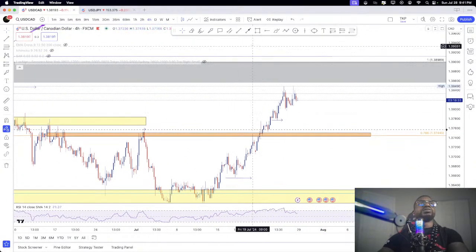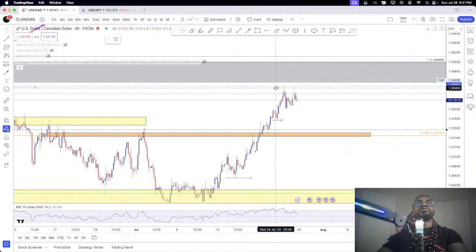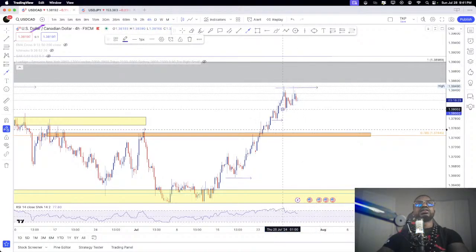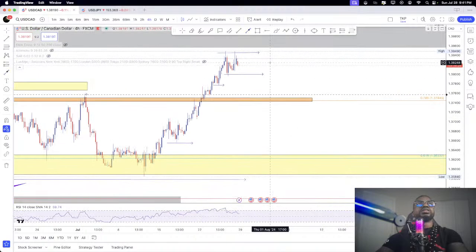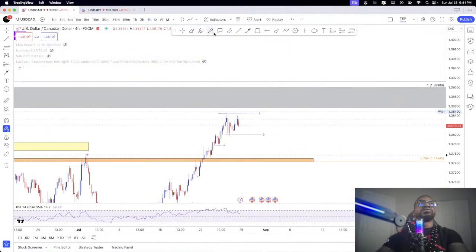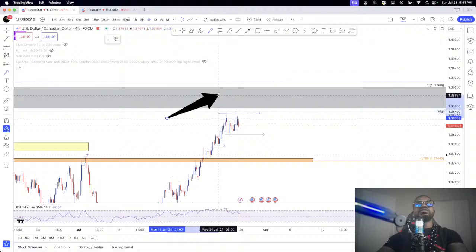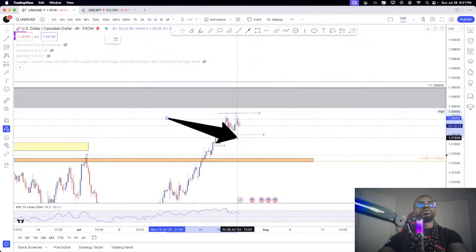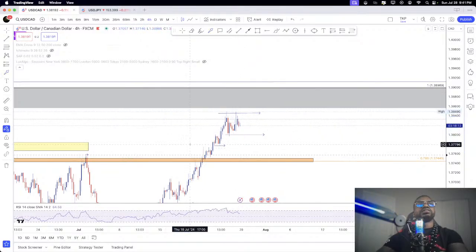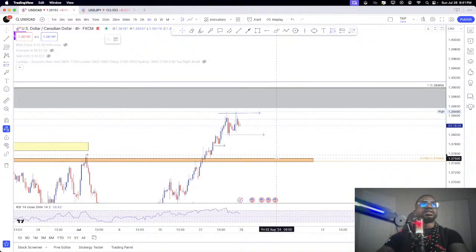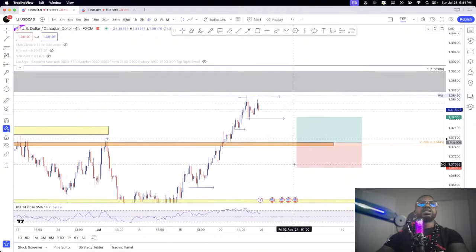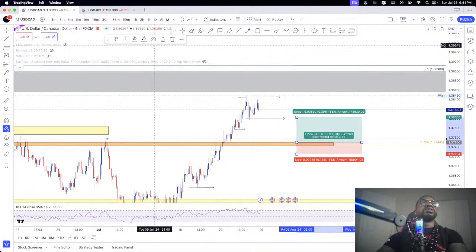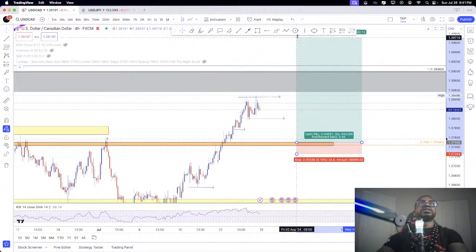So what we want to do is we want to see price form yet again another area of consolidation, whether it is right here underneath the highs or whether it's inside this area on the highs. We want to see that consolidation being formed, and we are going to wait for this pullback to enter the buy on USD CAD right here. And when this happens and we get this position, we can ride this buy for a while.